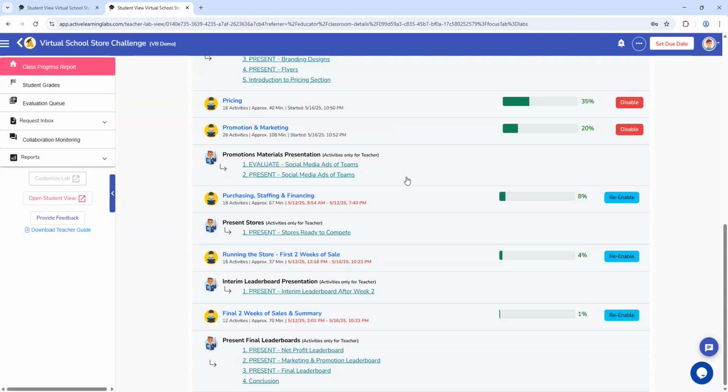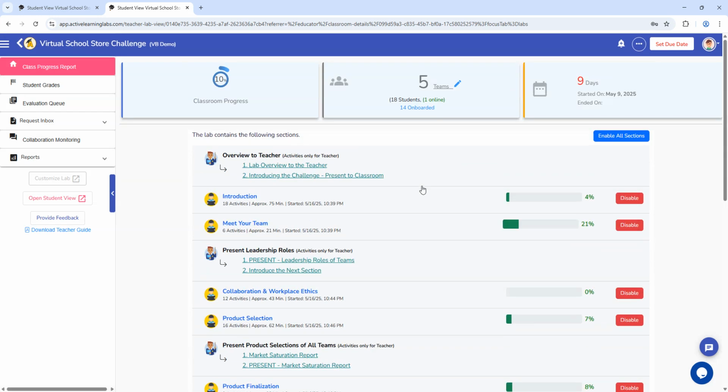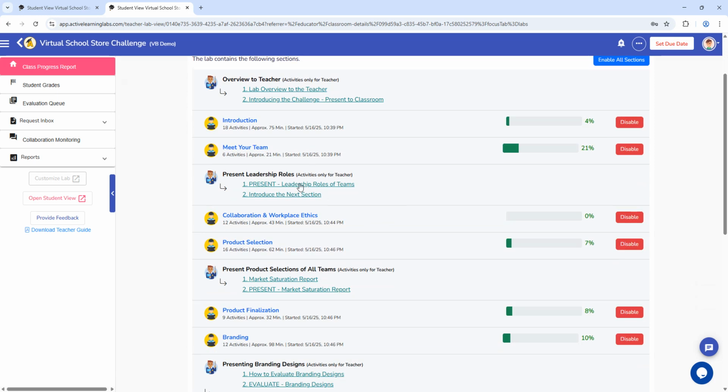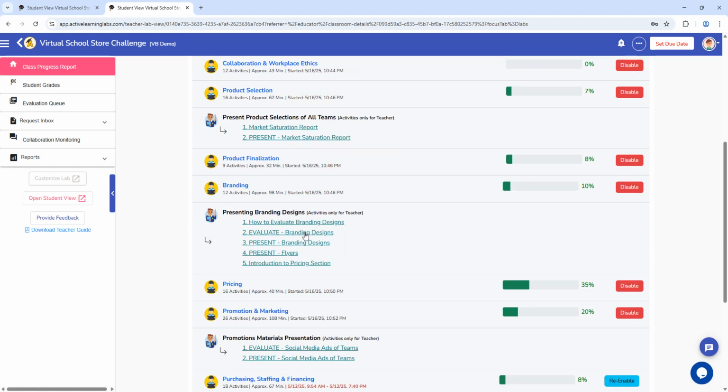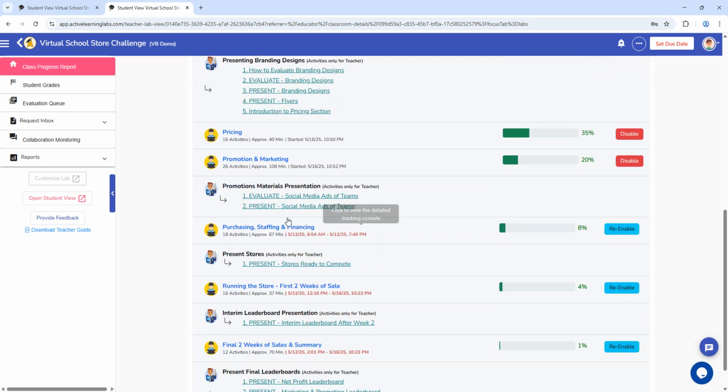So I hope you found this helpful. And as you saw, the effort on the teacher to execute this in a classroom is very minimal. Everything the teacher should do is already available on a click. It's mostly presenting the decisions of all the teams to improve the motivation for these teams, or to evaluate some of these manually evaluated activities, such as the branding designs or the social media ads.